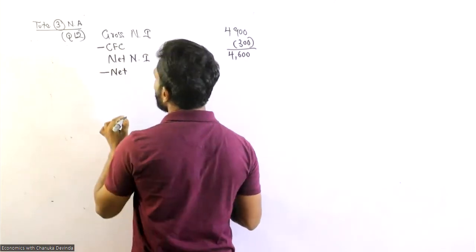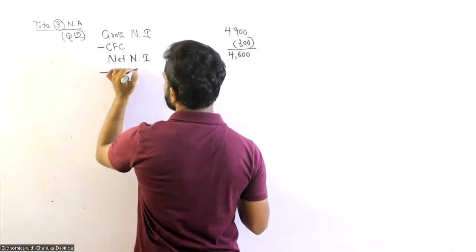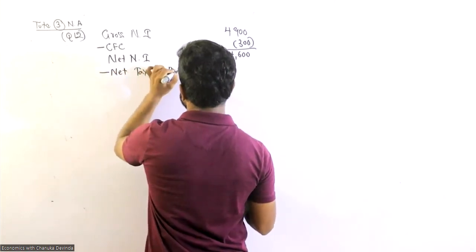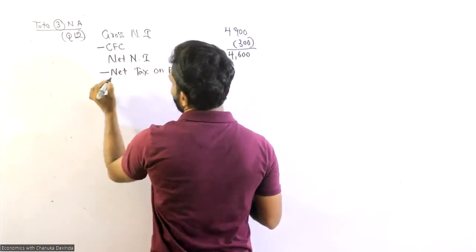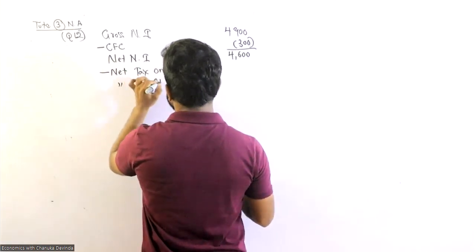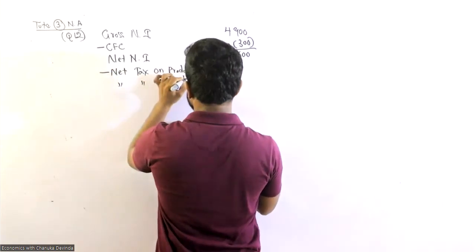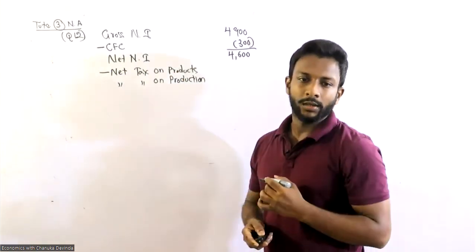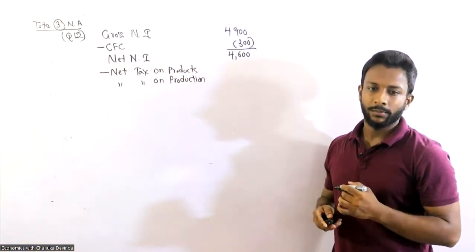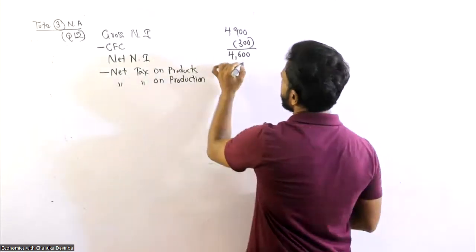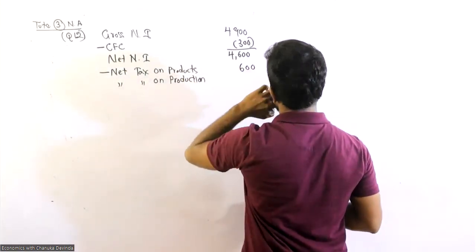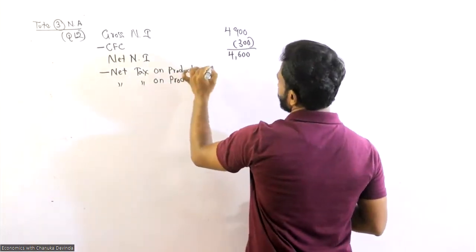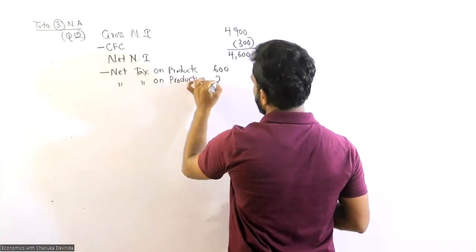Net tax is not belongs to household, it is belong to government. Net tax on products as well as net tax on production, both should be removed. So it is product 600, production 200. We'll remove all the elements at once. 600 and 200.